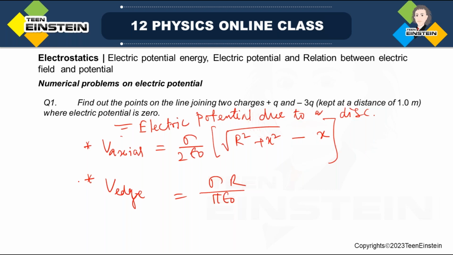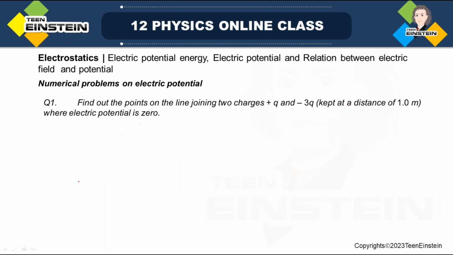All right, now I'll just clean this portion because I have to solve this problem. So we'll now solve a few numerical problems on electric potential. The first problem says find out the point on the line joining two charges.